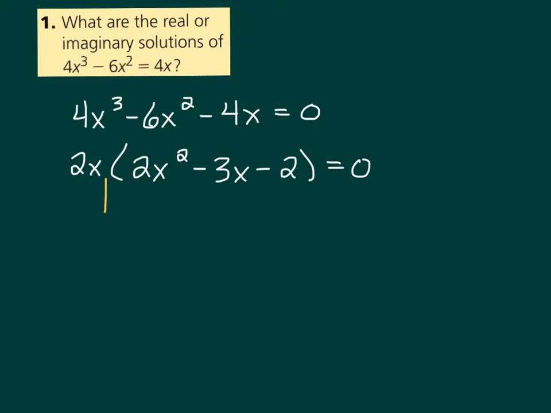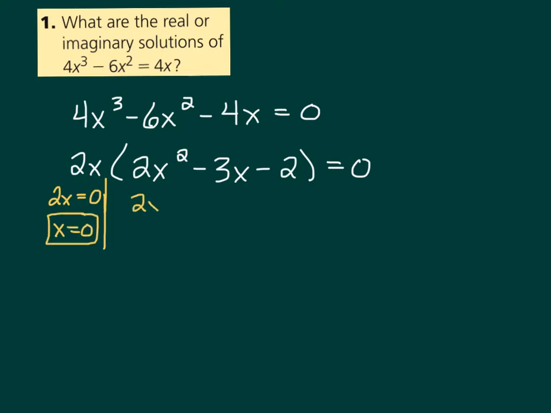If that product is 0, that means either 2x has to be 0, which confused some people on the test. If you get 2x equals 0, some people were saying no solution. If 2x is 0, what is x? 0. So x could be 0.